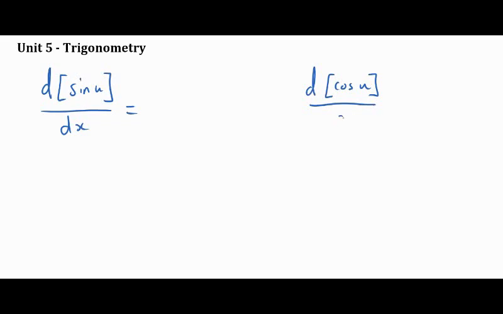The timer has started. First thing I'm going to ask you to do, and I am actually going to give you a minute to do this, is see if you can figure out each of these. See what you can remember. Believe it or not, practicing using your memory is actually a good way to improve your memory.